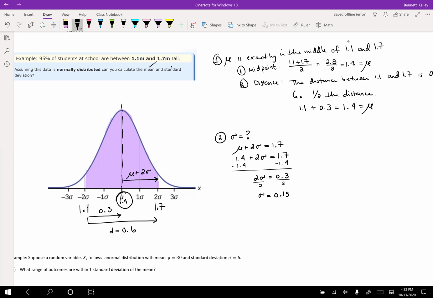So now we're done. We had mu equal to 1.4, sigma equals 0.15. And if I really wanted to put a nice little bow on it, I would say X is normally distributed with mean 1.4 and standard deviation 0.15.